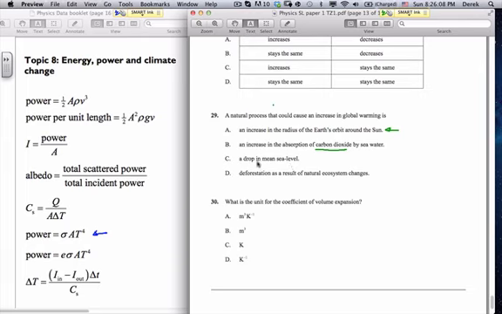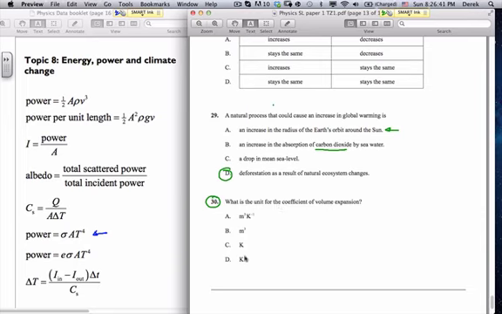A drop in the mean sea level would cause less water vapor in the air. And deforestation as a result of natural ecosystem changes: if you have deforestation, you have less carbon dioxide fixing, more carbon dioxide in the atmosphere, and that will increase your greenhouse effect. So 29D is correct.